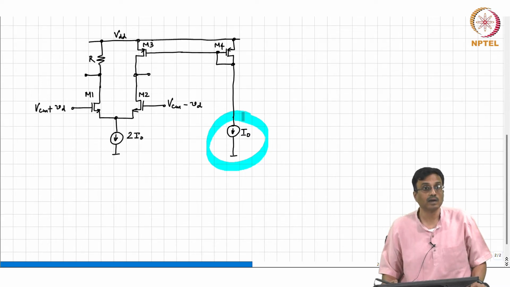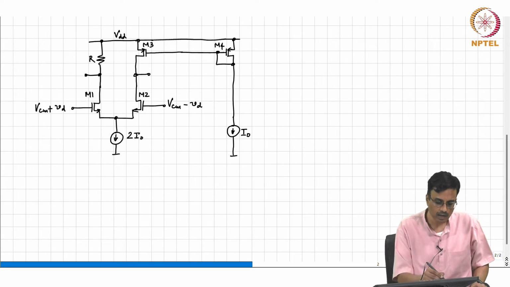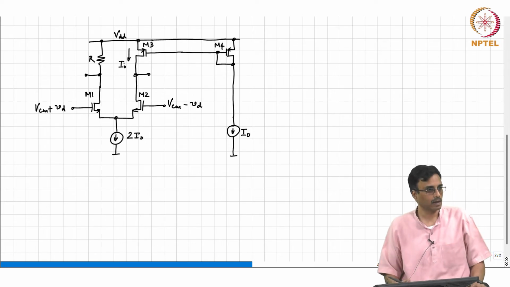Okay, all right. So, M4, M3 is a 1:1 current mirror, and therefore, I naught will get reflected here, and we are all good to go, right.